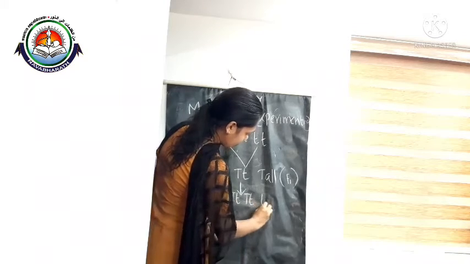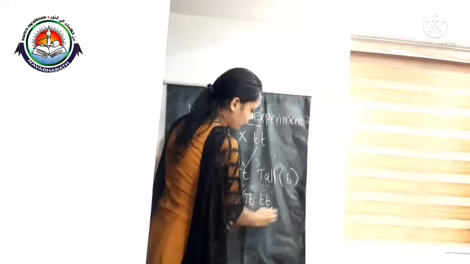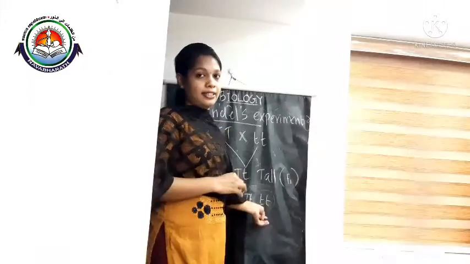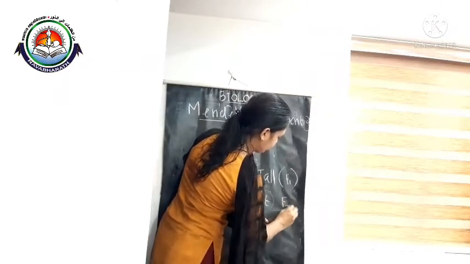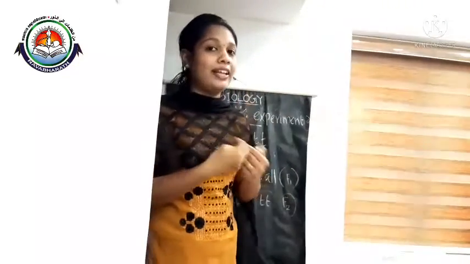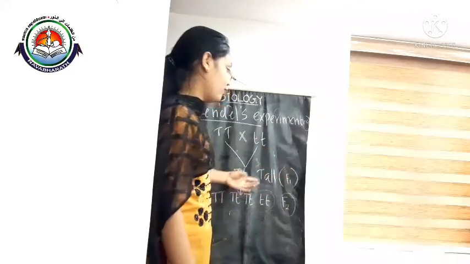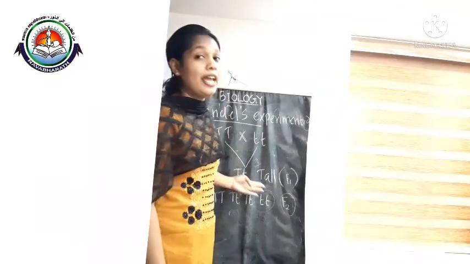That means if four progenies are formed, one will be short in size. So he found that both tallness and shortness are inherited to the F1 generation from the parents.